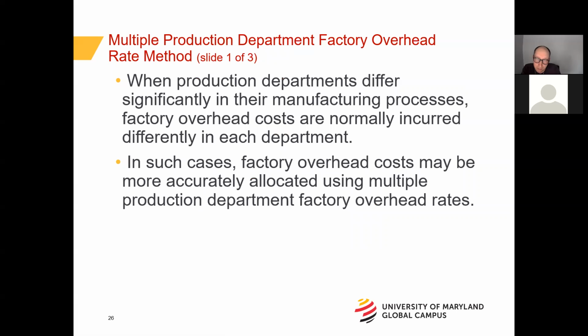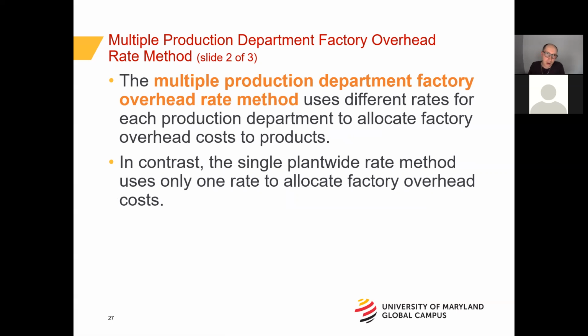In the multiple department method, this is the second model, the second method for applying factory overhead: the multiple production department factory overhead rate method. I'm going to call it the multiple department method. We allocate the overhead based on each department rate.